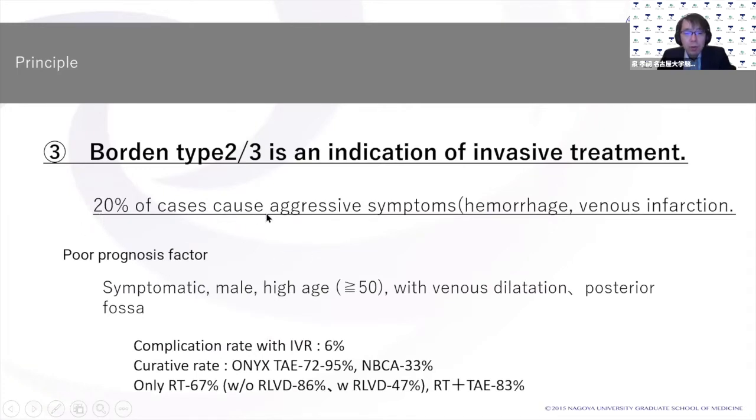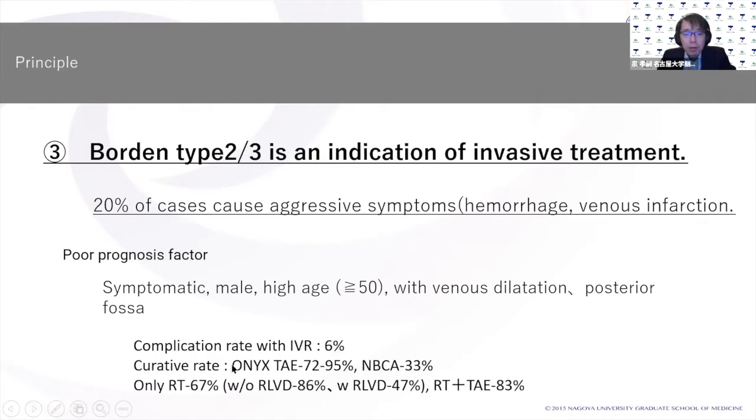20% of cases cause aggressive symptoms, hemorrhage or venous infarction. The other poor prognosis factors are symptomatic, male, high age, with venous dilatation and posterior fossa location. On the other hand, the complication rate with IVR is 6%.